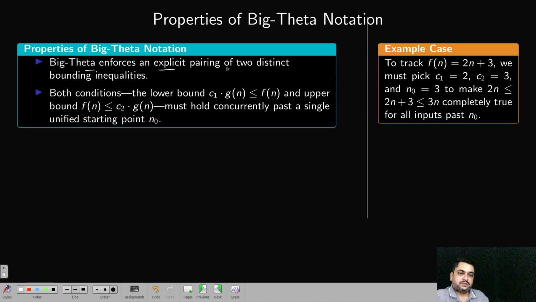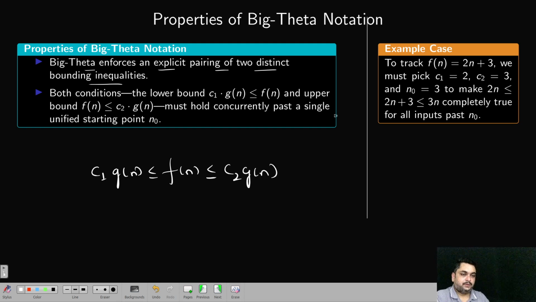Big theta enforces an explicit pairing of two distinct bounding inequalities. So f of n is sandwiched between the lower bound and upper bound. That is the property. For example, if I take f of n equal to 2n plus 3, then I have to bound this between c1 g of n and c2 g of n.